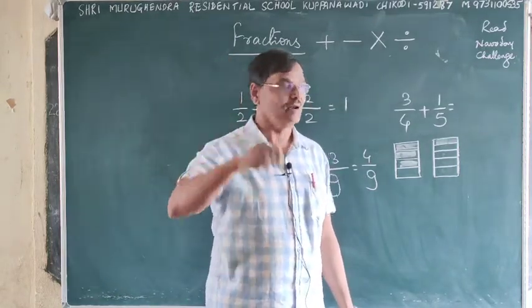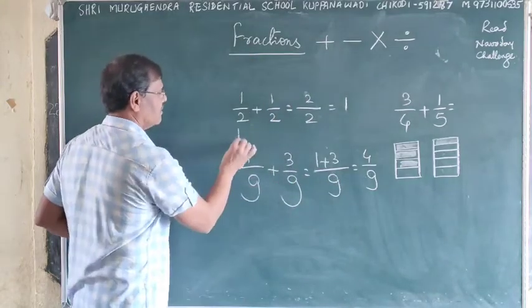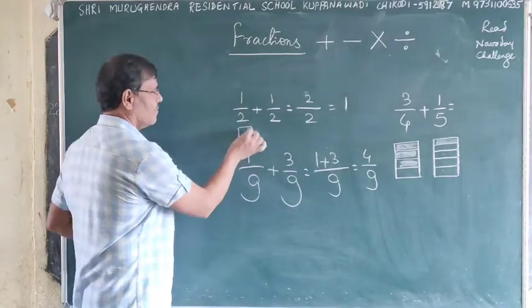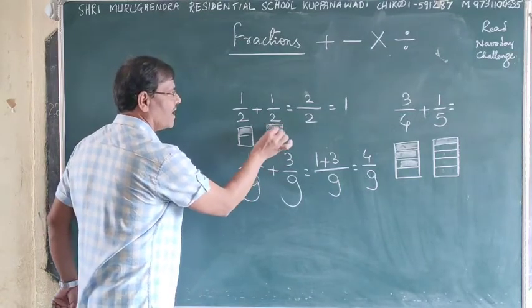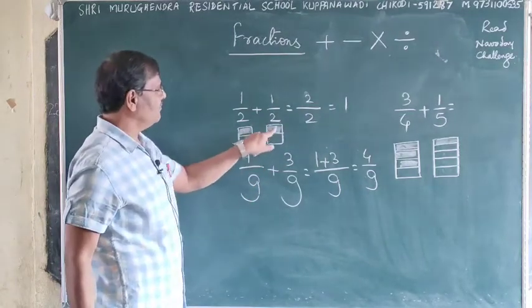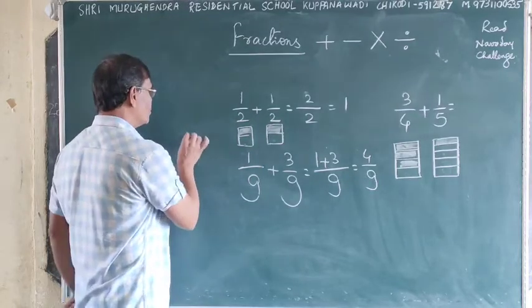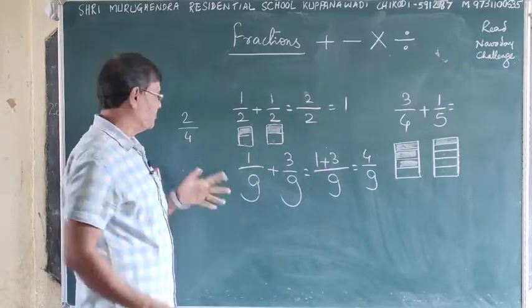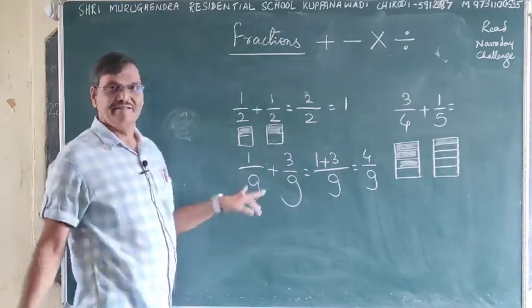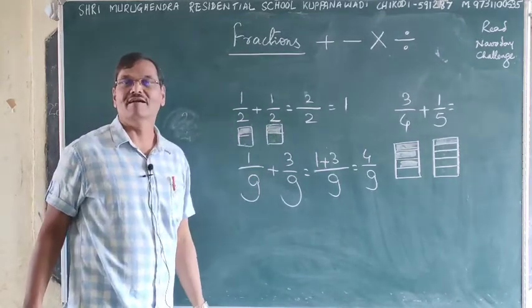Parts should be equal. Here 1 taken, here 1 taken. From 4, 2 taken? No. From 4 you have not taken.